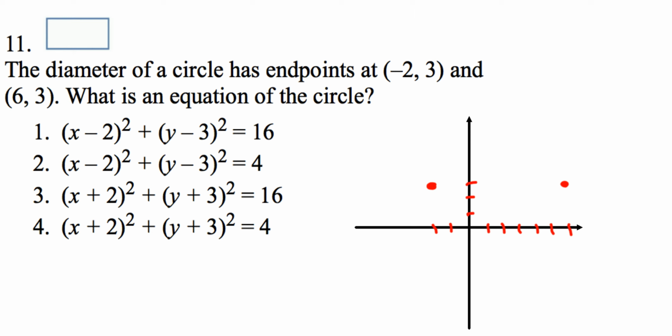Then you will see that's the diameter. And then also let's pass through that point.